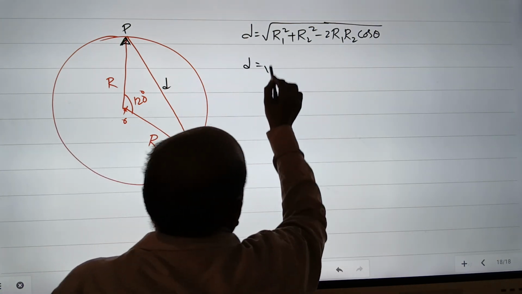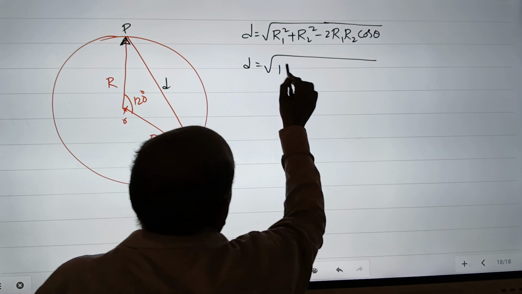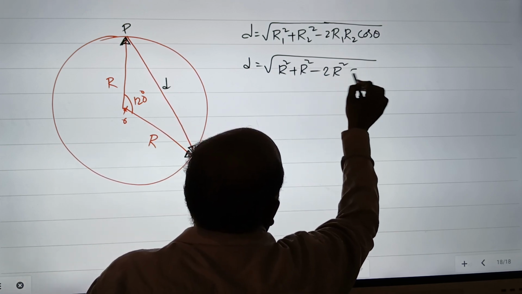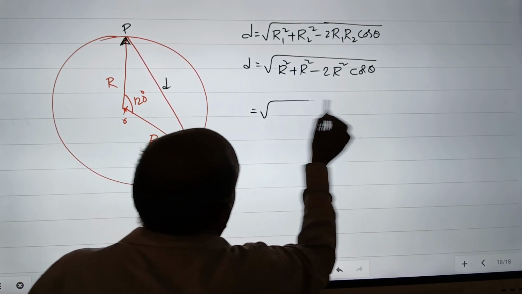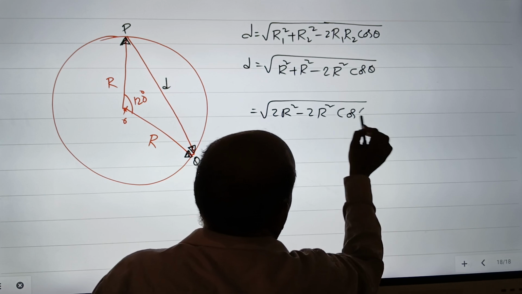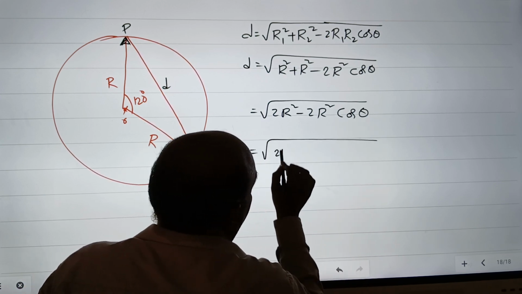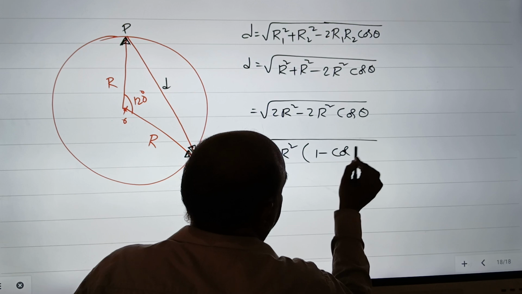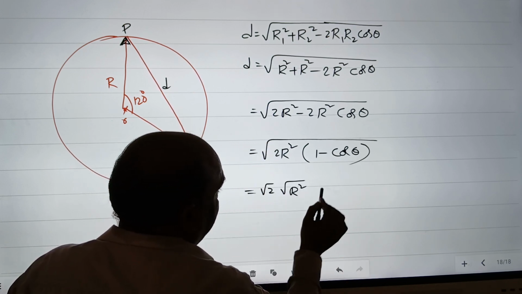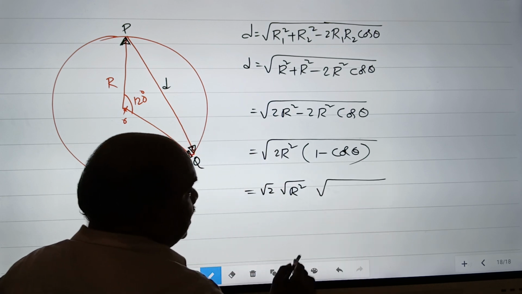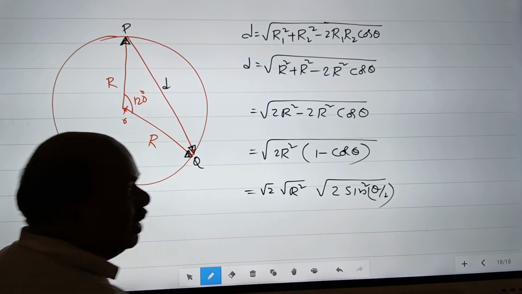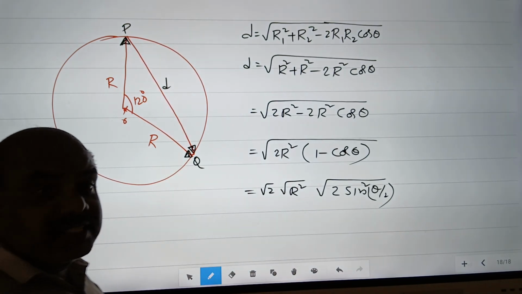D is equal to under root R square plus R square minus 2 R square cos theta, which is 2R square minus 2R square cos theta. 2R square is common: 2R square into 1 minus cos theta. 1 minus cos 2 theta is 2 sin square theta.